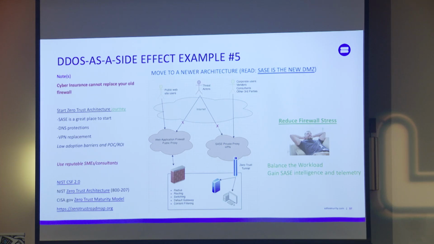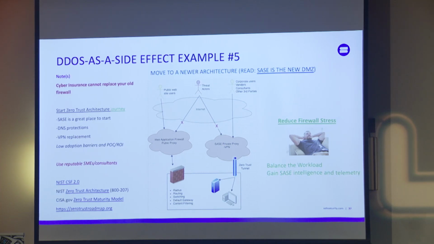So reduce that firewall stress, and you can keep an older firewall around longer, as long as it's still getting security updates. So if you don't know anything about zero trust, find a good SME consultant firm to help you build your strategic plan to roll that out, the phase lines, all of those things.